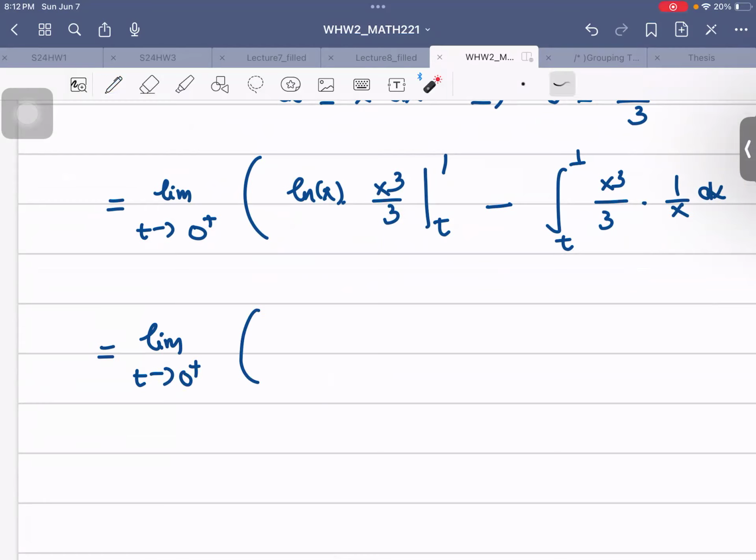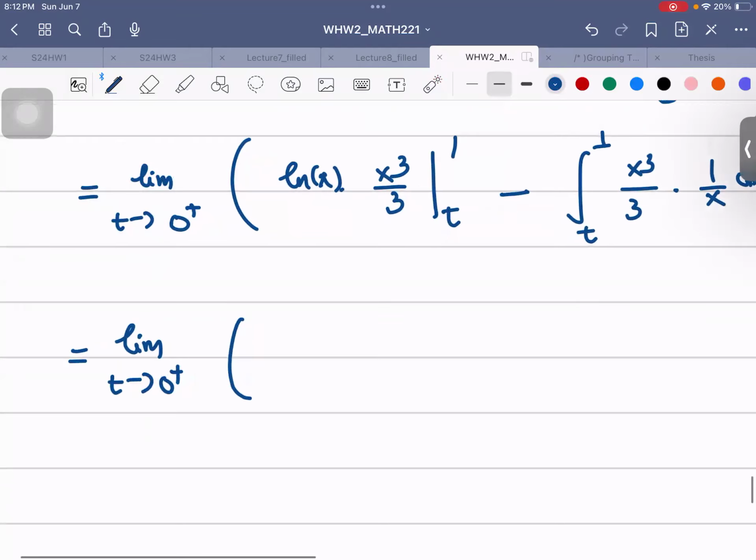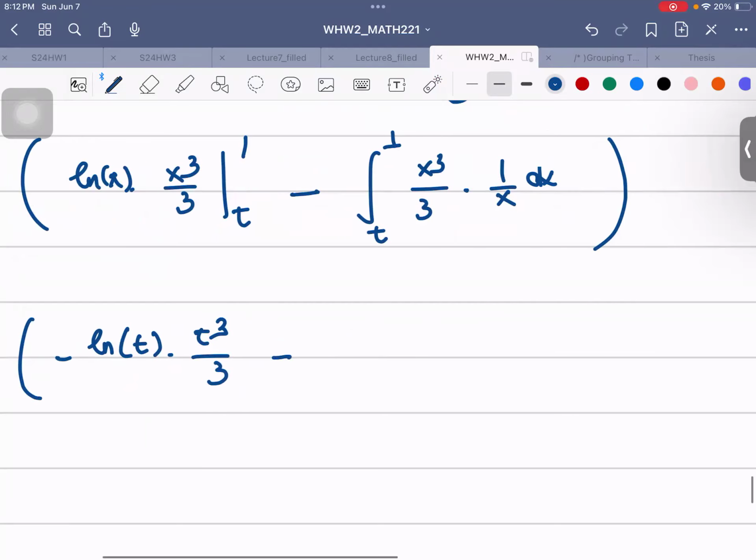You plug in the bounds. Plug in the upper bound: you have ln of 1, which is 0, so I don't care about the upper bound. You plug in t, with a negative sign because t is the lower bound: ln of t times t cubed divided by 3. Subtract the integral from t to 1 of x squared divided by 3 dx.